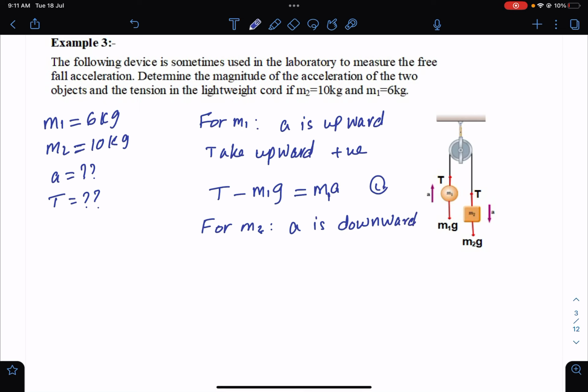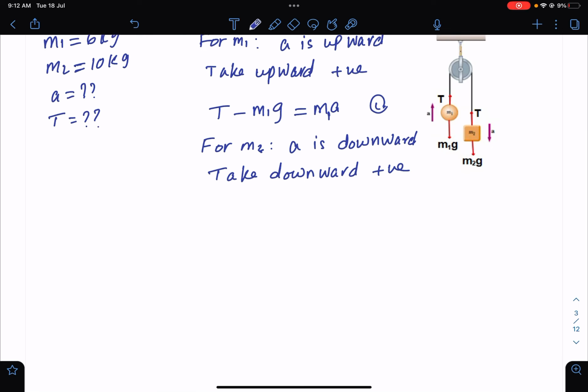The direction of motion is downward, therefore take downward to be positive. Therefore, we're going to say downward driving force, which is M2G, minus tension equals M2A, and this is equation number 2.